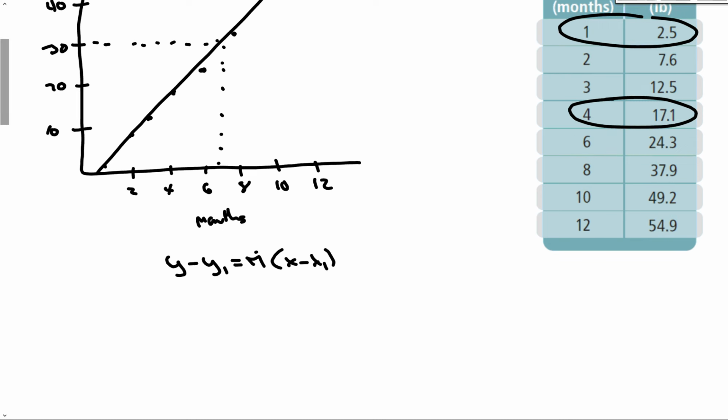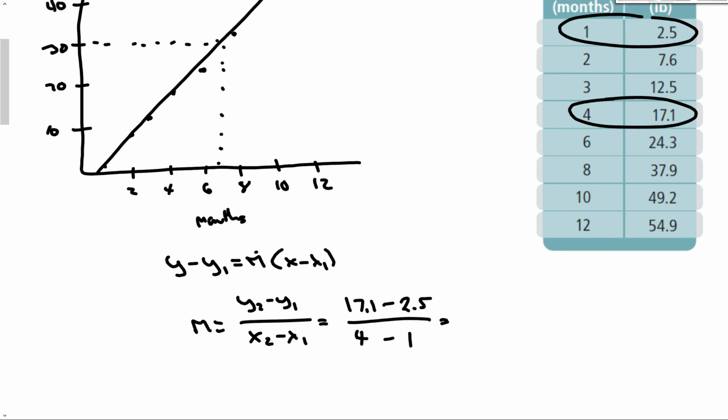So my slope is going to be y2 minus y1 over x2 minus x1. y2 minus y1 is going to be 17.1 minus 2.5 over 4 minus 1.